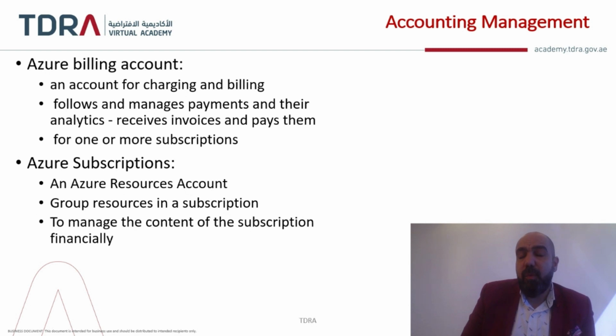When we come to account management in Azure, how will the billing work? An account for charging and billing handles payments and analytics, receives invoices, and pays them for one or more subscriptions. For example, what is a subscription? If I have an organization with many subsidiaries inside it, but the accountant is one, I need all this to be under one umbrella, like a group, and I divide it into subsidiaries.